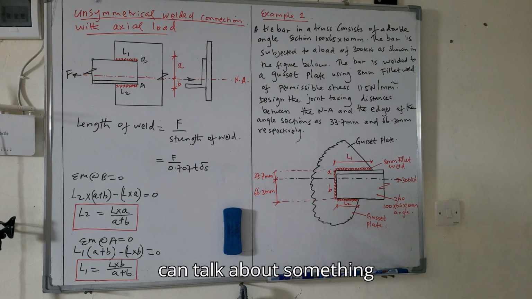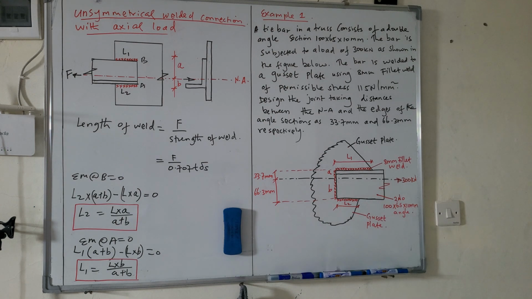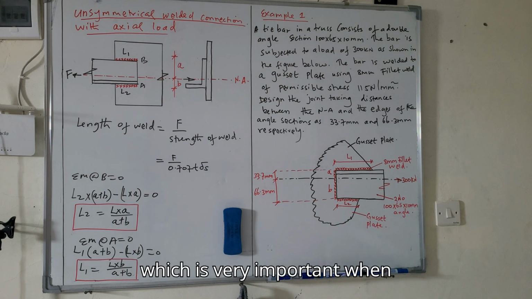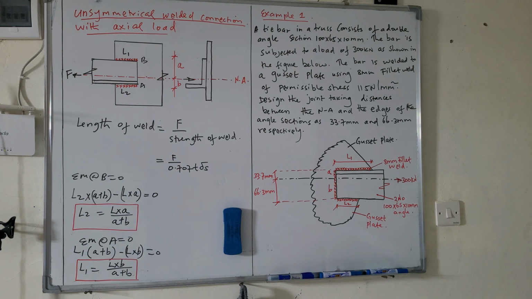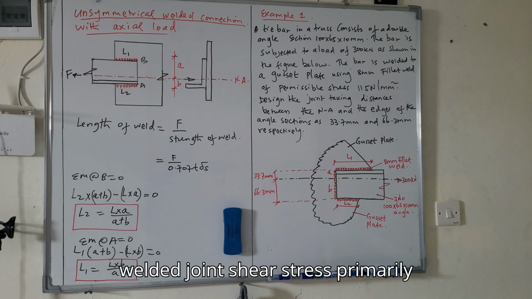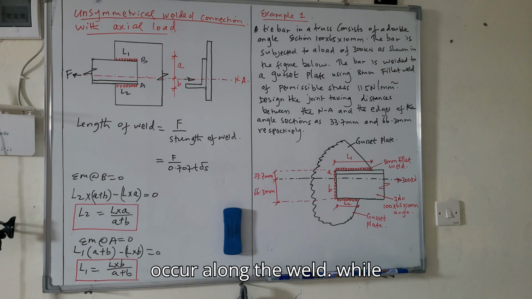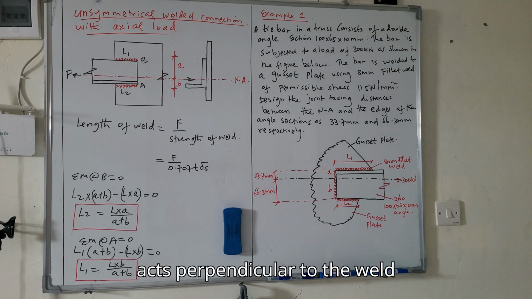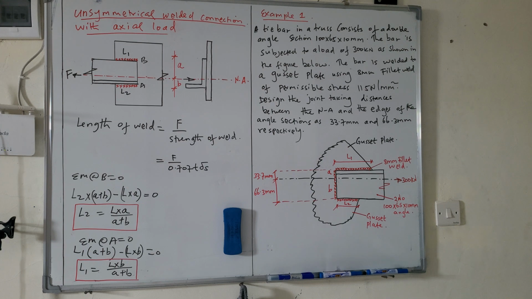Maybe I can talk about something which is very important when considering the joint design. In a welded joint, shear stress primarily occurs along the weld, while tension acts perpendicular to the weld, often in connected plates.